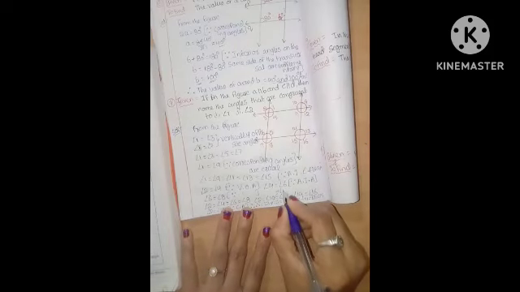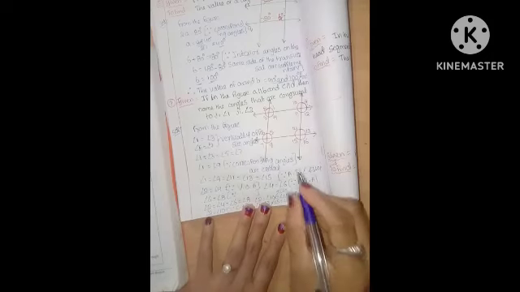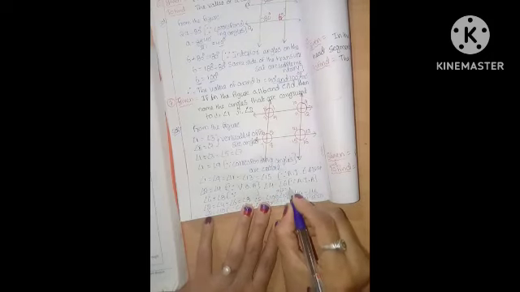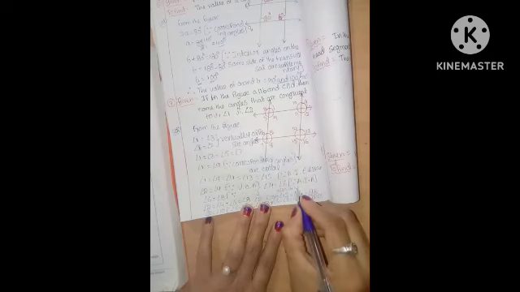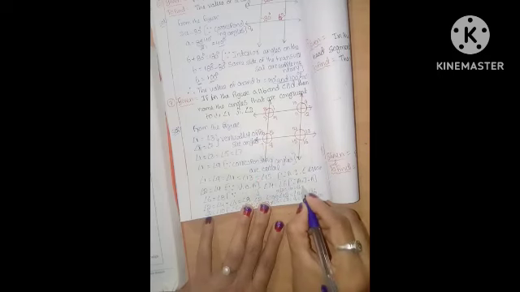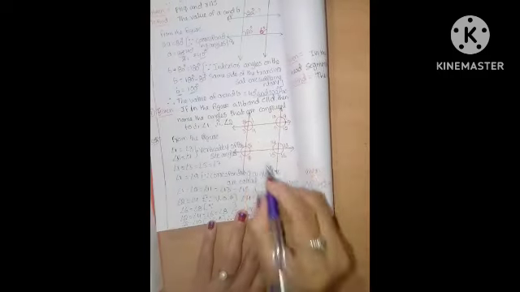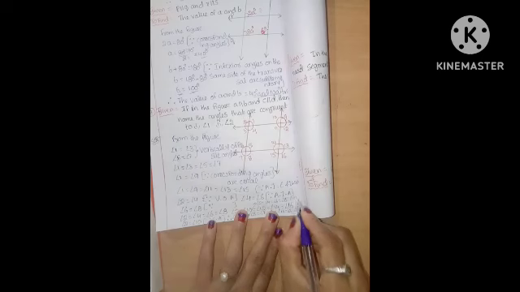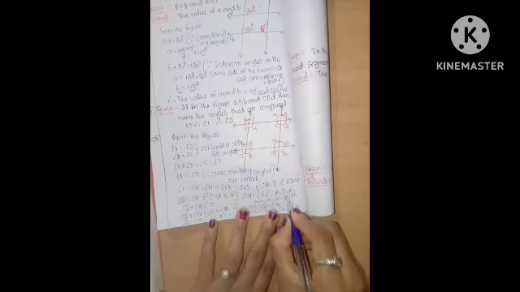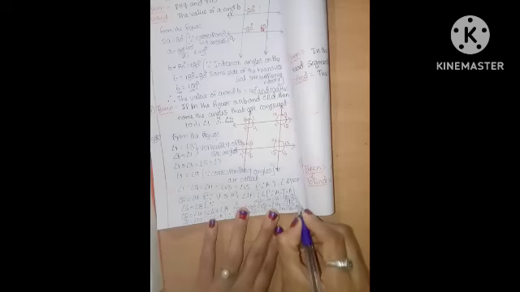Next, angle 2. Angle 2 is equal to angle 4, these two are alternative angles. So angle 6 equal to angle 8 equal to, next, angle 10 is equal to angle 12 equal to, next angle 14 equal to, next angle 16.